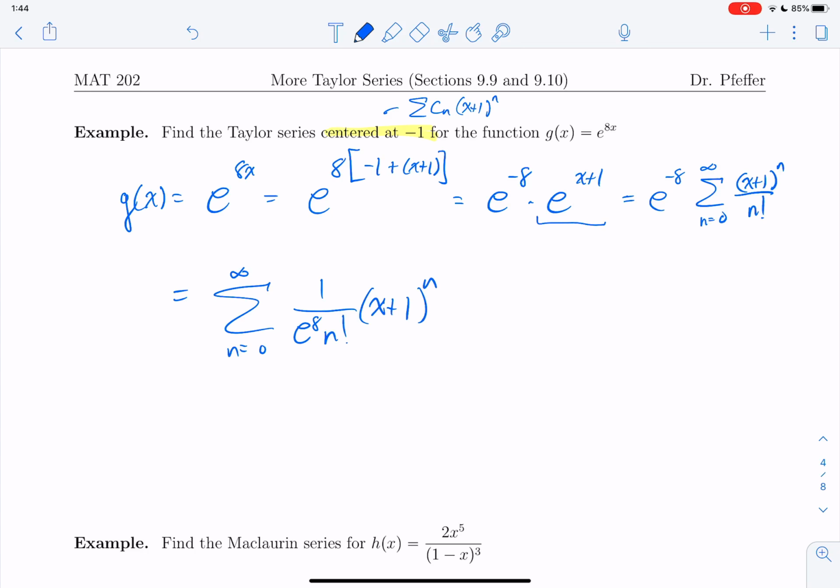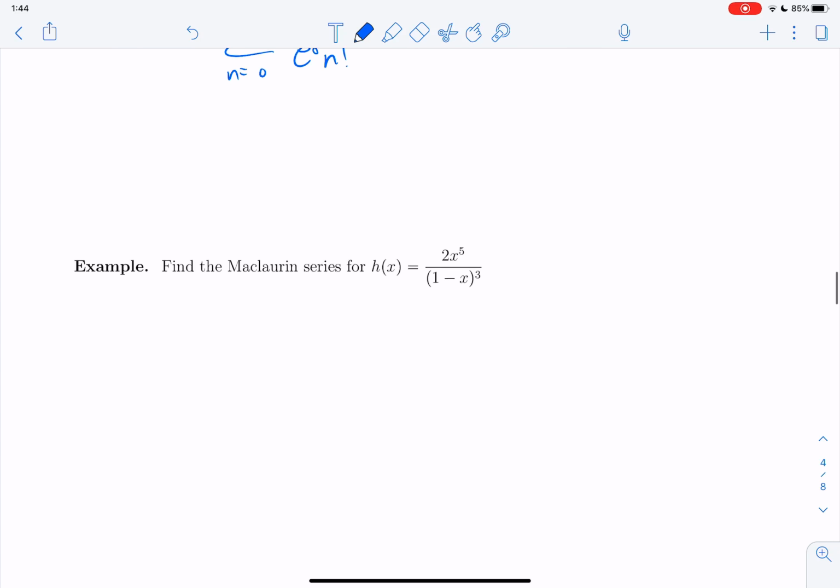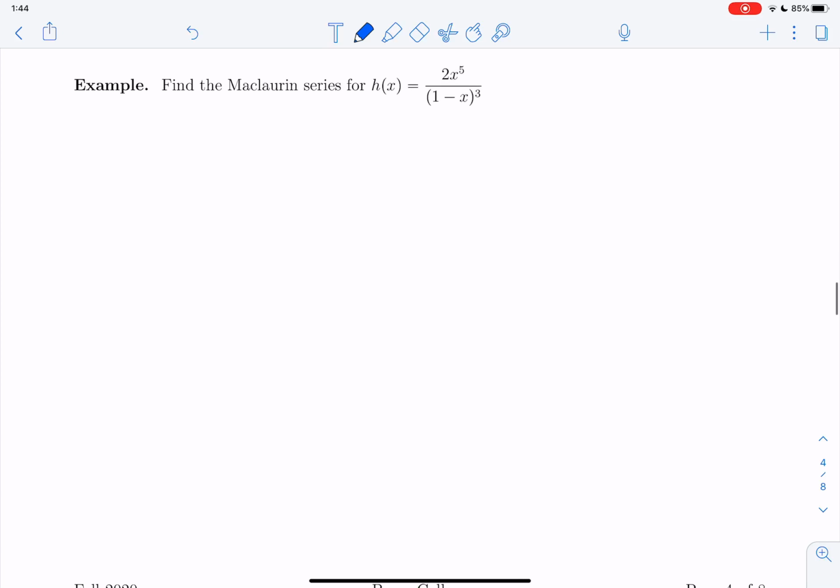The last example on page 4 was asking us to get some experience creating Taylor series involving derivatives. What we see here is there's a 2x to the 5th upstairs, which I can immediately pull out and rewrite this as 2x to the 5th times 1 over 1 minus x quantity cubed.